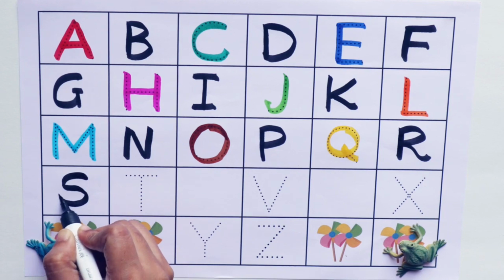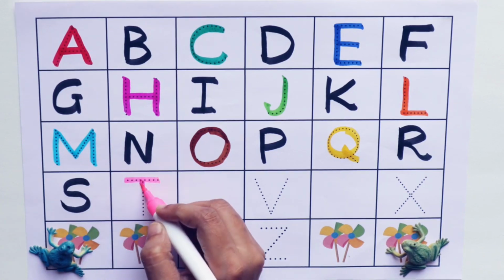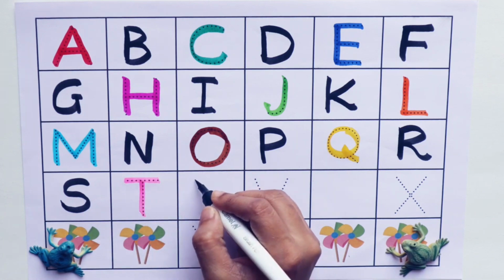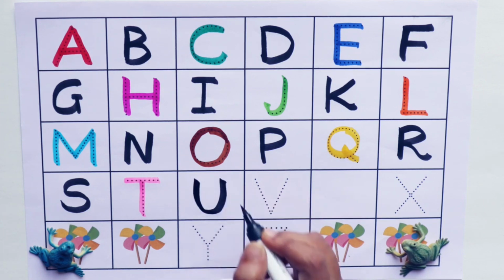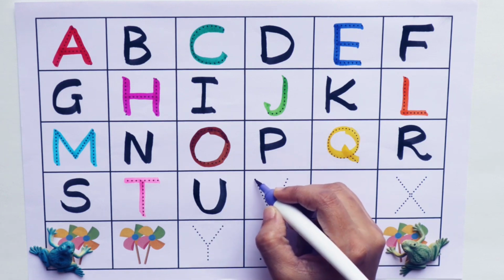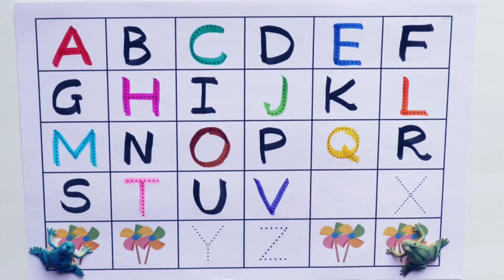Then S. S for sun. T. T for tiger. U. U for umbrella. V. V for van.